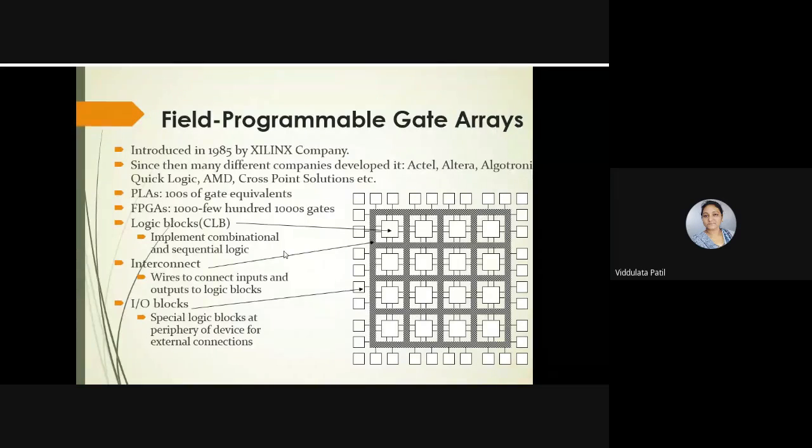But whenever we go for FPGAs, they have 100,000 gates. That means if we make groups of 1,000 gates, then such 1,000-gate groups are available in an FPGA.